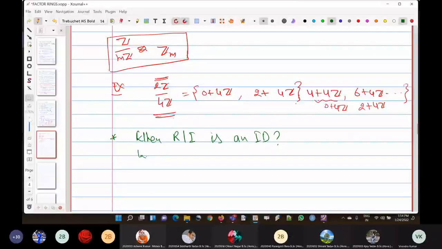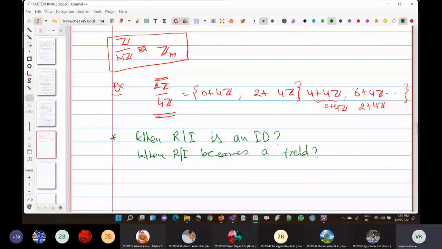When is R by I a field? These two important questions need to be answered because once it is a ring, we can obviously ask what is the condition under which this becomes an integral domain, and what is the condition under which this becomes a field?